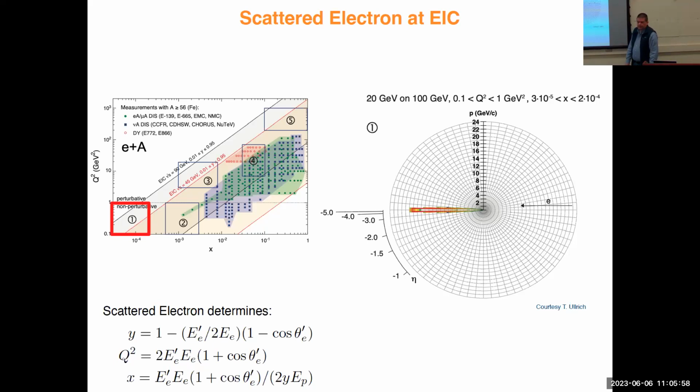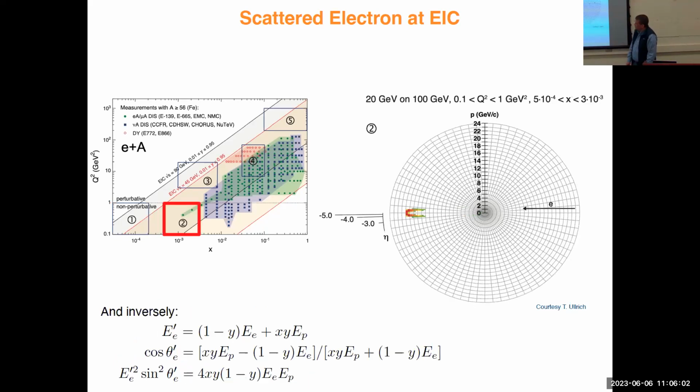Logical, right? It's almost a fixed target experiment in that case. Now, stepping this forward a little bit, a region here, much more modest values of x, but very low Q squared. The scattered electron is still rather forward in the end. It's just a feature. I don't have a very rapidly moving target off which I'm scattering.